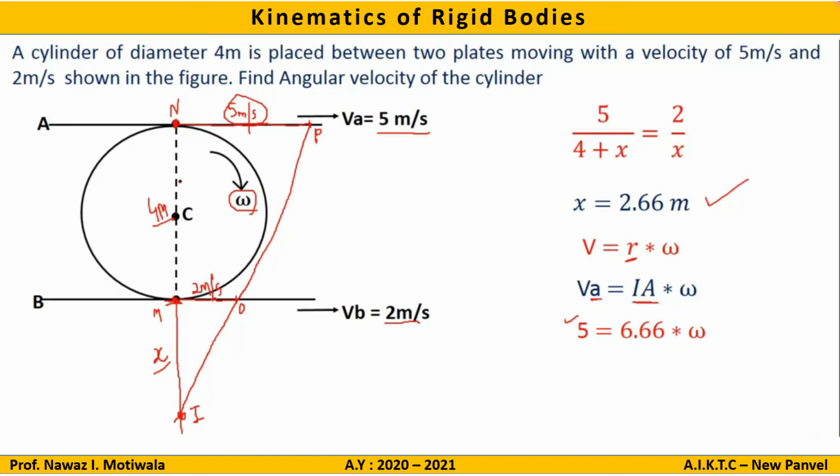The total distance IA, from I to point A, is 4 plus 2.66, which is 6.66. Hence I get omega as 0.751 radian per second, and this completes the solution in the simplest form. So you can see just a 4-line answer, and that will fetch you around 5 to 6 marks. Just a simple logic of similar triangles was used.